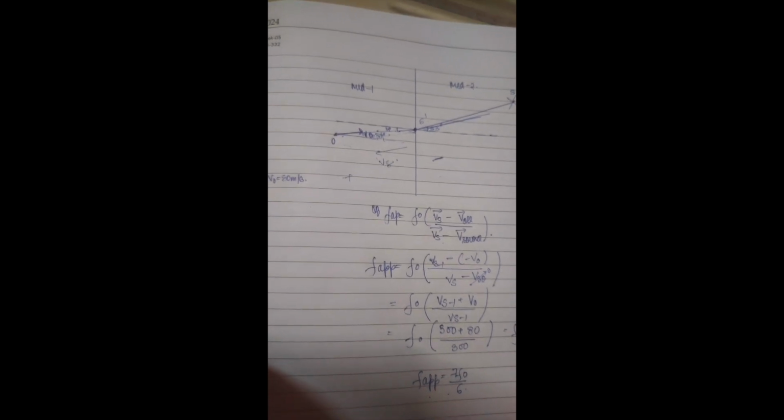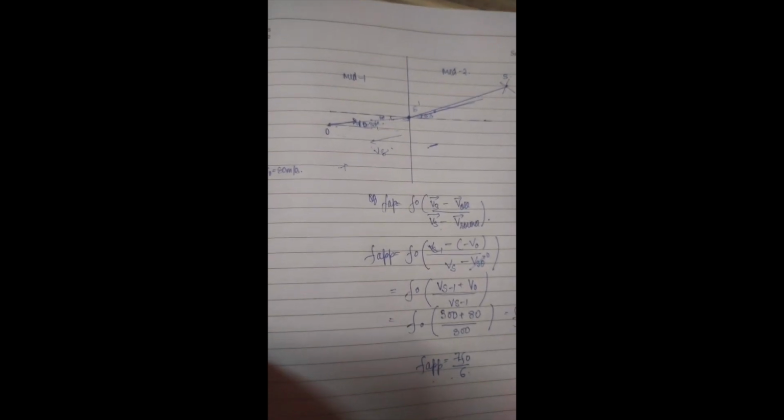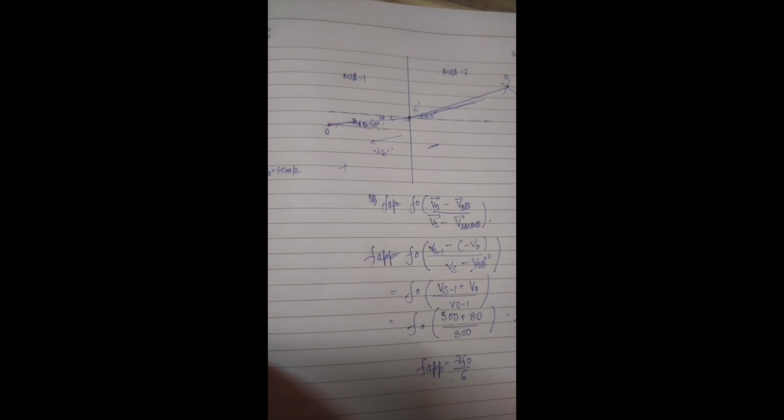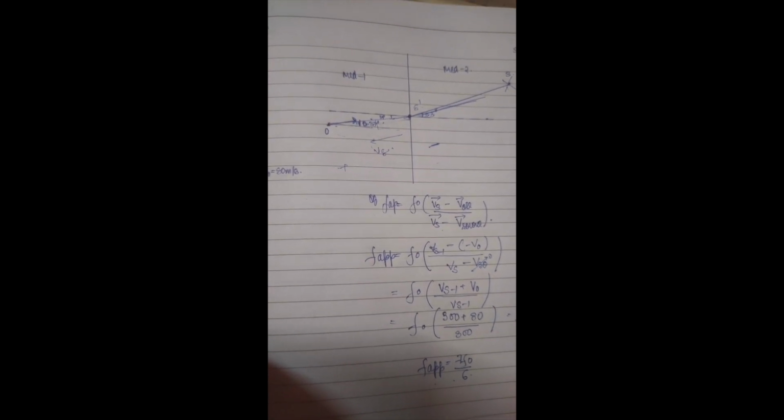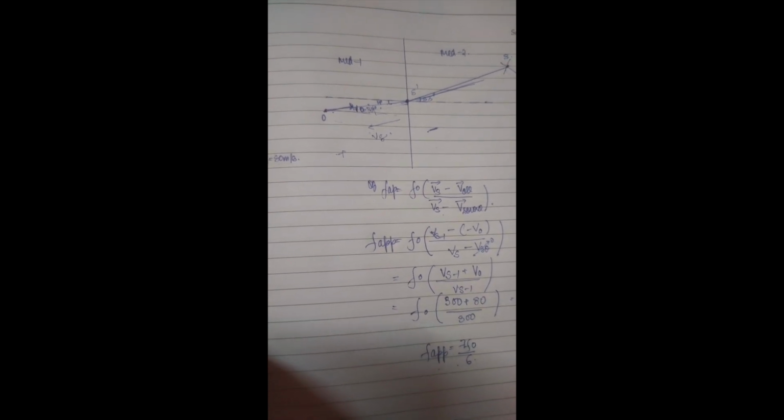So we have finally solved this problem. It was quite an interesting problem which uses the concepts of light, and we need to make those concepts analogous to sound so as to solve this problem. Interesting problem. So thank you all for watching this, and I'll be back with more questions like this.